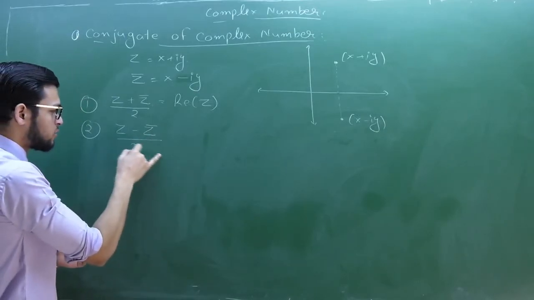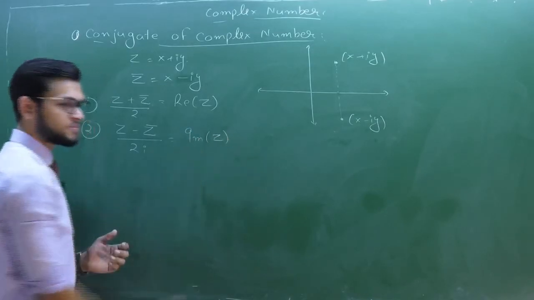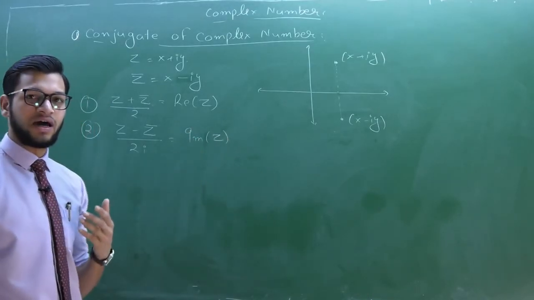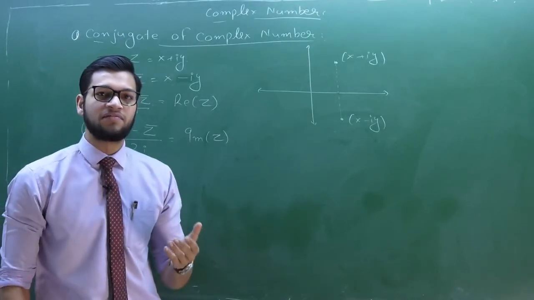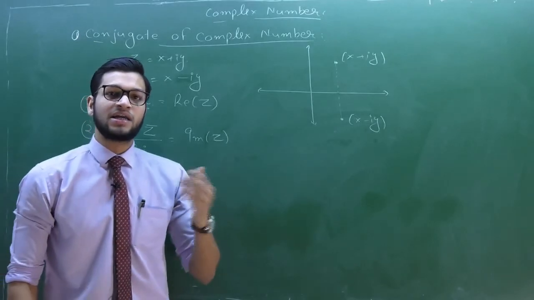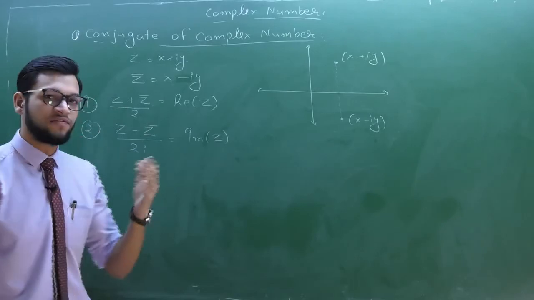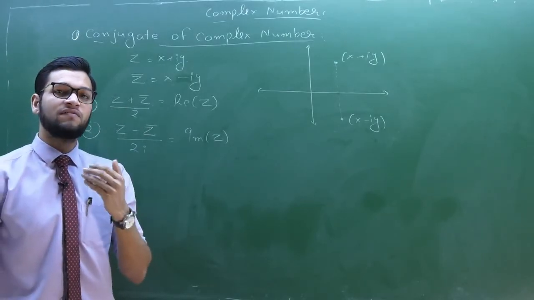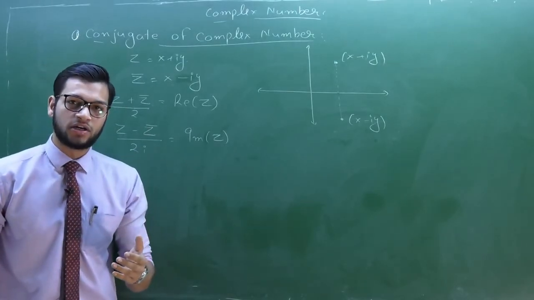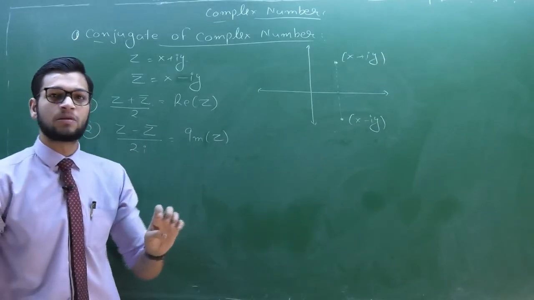Dividing by 2 iota, we have the imaginary part of z. So z minus conjugate of z divided by 2 iota is equal to the imaginary part of z.